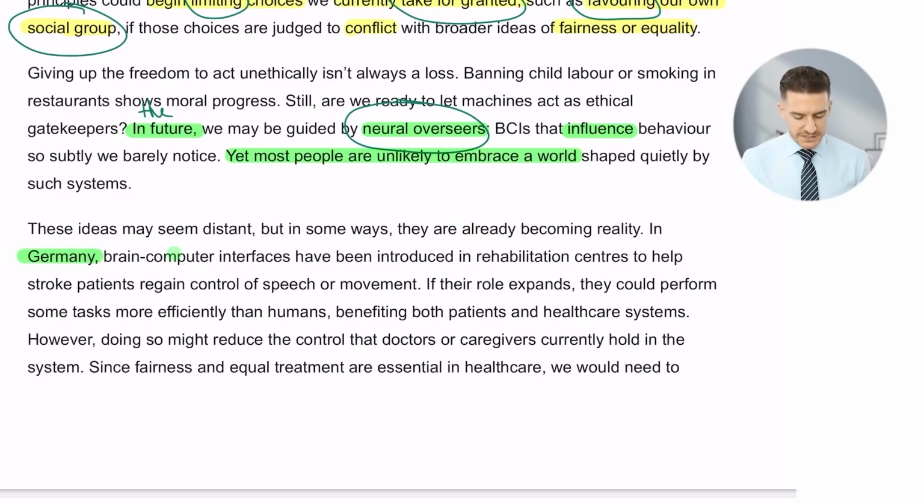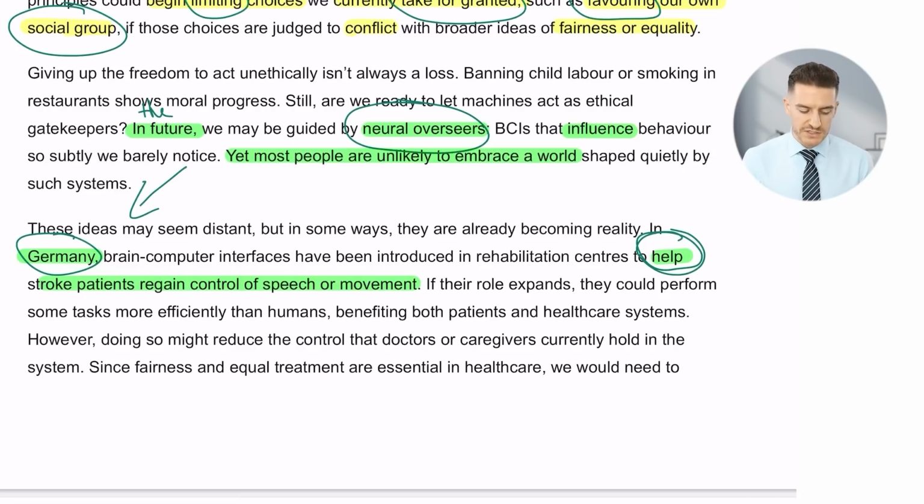BCIs have been introduced in rehabilitation centers to help stroke patients regain control of speech or movement. Okay, so this is interesting because it does talk about BCIs. It does talk about a country, but remember the question said control behavior. Well, this example here with Germany, no behavior is being controlled. It is helping people regain control of speech or get back their movement.